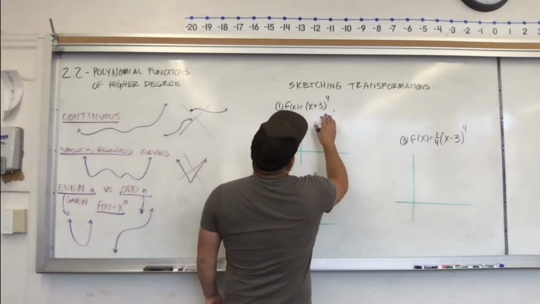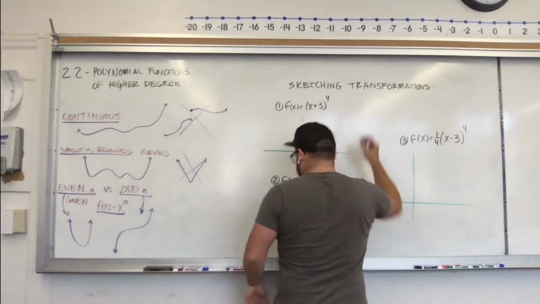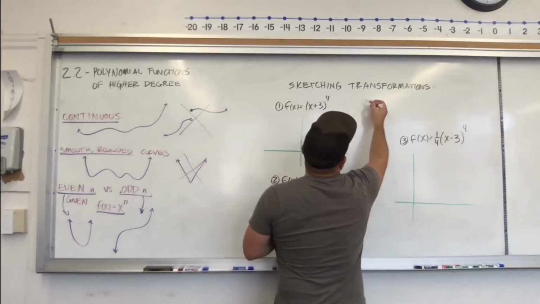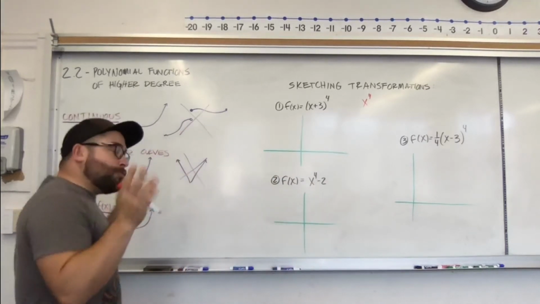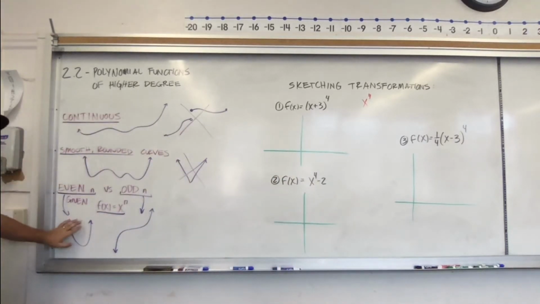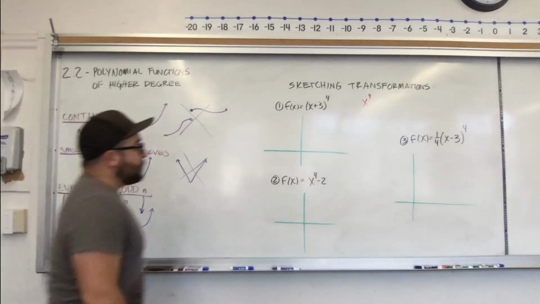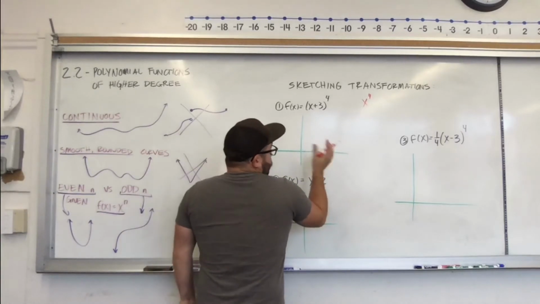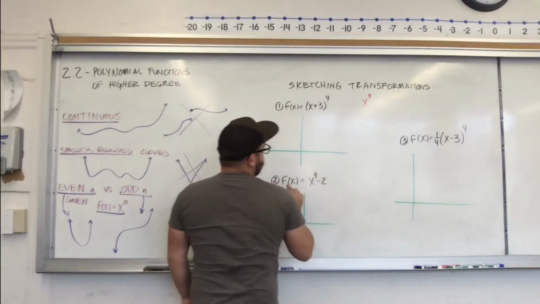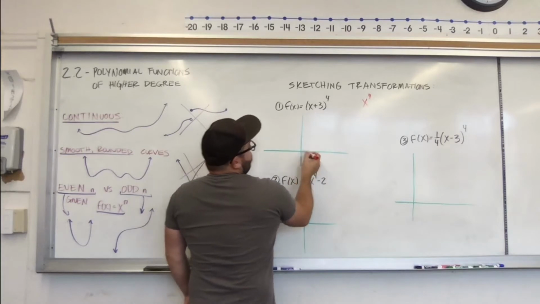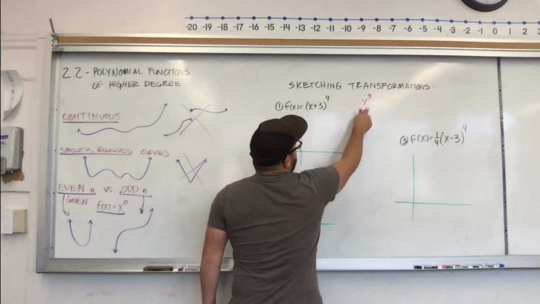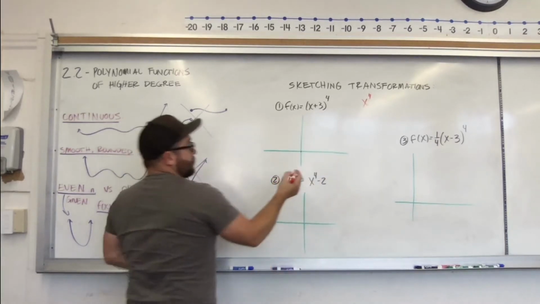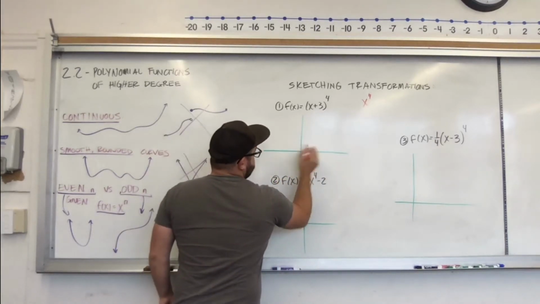So before we deal with these transformations, let me get a different color real fast. If we were to just look at x to the 4th, we can assume, just off this first little note, it should look something like a parabola, maybe opening either up or down. So in red, I'm going to do a very rough sketch of just x to the 4th, something quartic. Well, if you plug in 0, you get 0. If you plug in positive 1, 1 to the 4th is just 1, so we get the point (1, 1).